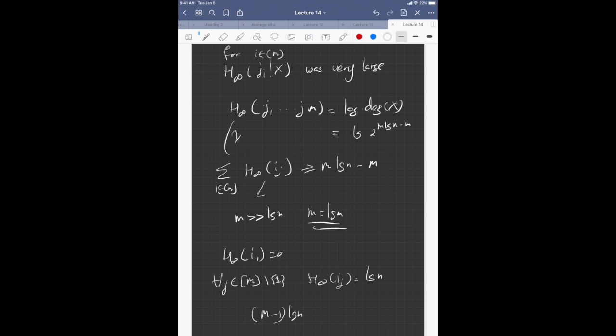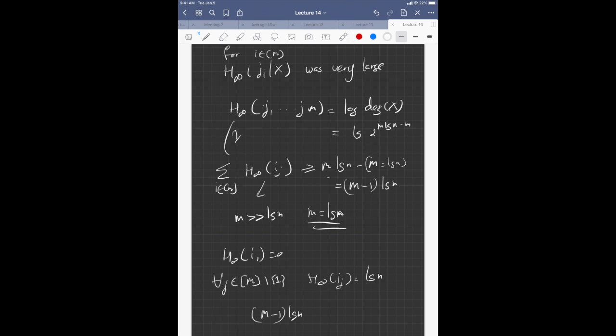So the left hand side said this is at least m log n minus m, but since we assume that m is equal to log n, this is m minus 1 times log n.